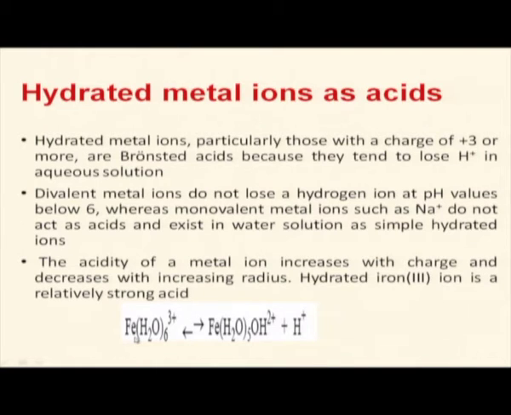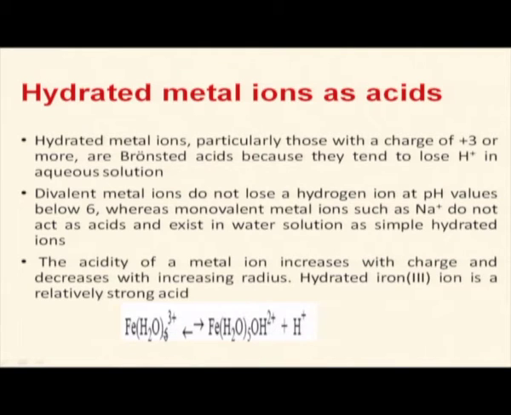That is, iron 3 takes 6 water molecules and forms this one, and these water molecules, because of the high charge to size ratio, will lose the proton very readily and behave as a strong acid, as per this equation.